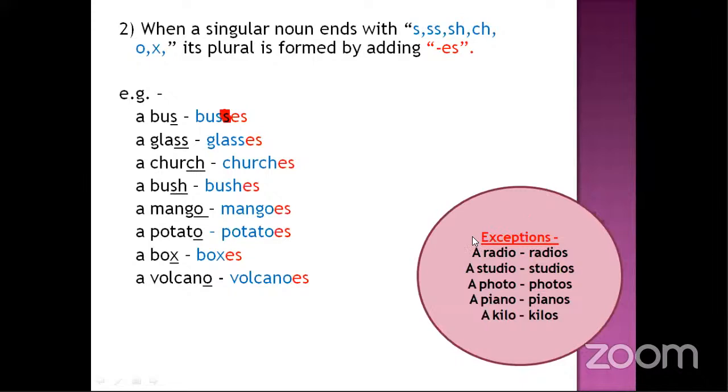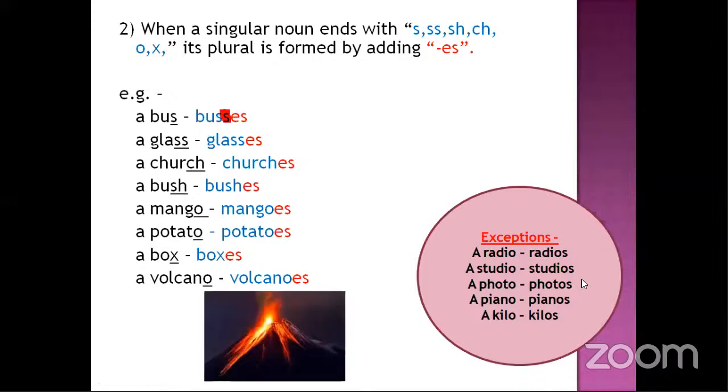And I told you there are some exceptions: radio, studio, photo, piano, kilo. These words are special. They do not follow this rule. So we pluralize them by adding only S.